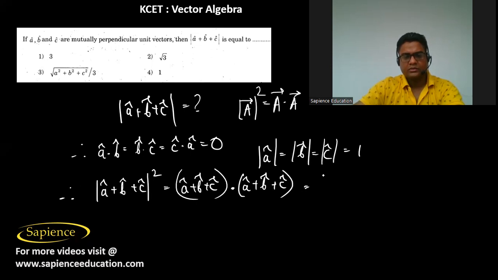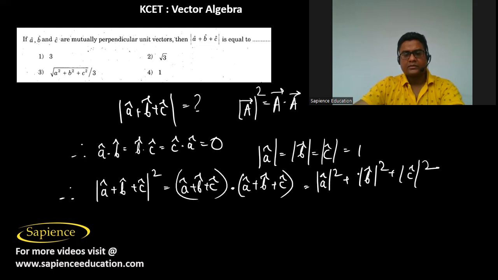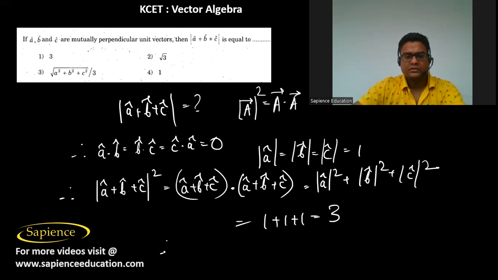So this will be equal to A dot A, which is mod A square, plus mod B square, plus mod C square. Since here A dot B and A dot C both are zeros. So this will be equal to 1 plus 1 plus 1, which is equal to 3. So therefore, magnitude of A cap plus B cap plus C cap, its whole square is 3. So this will be equal to root 3. So option 2 is the correct answer.